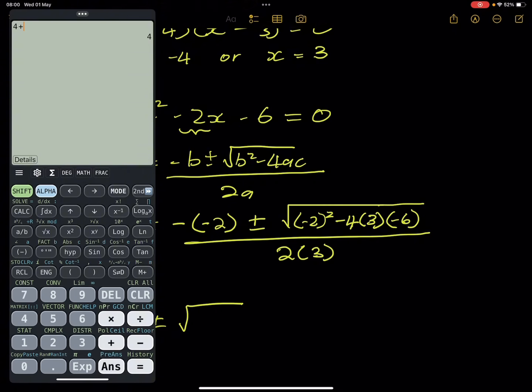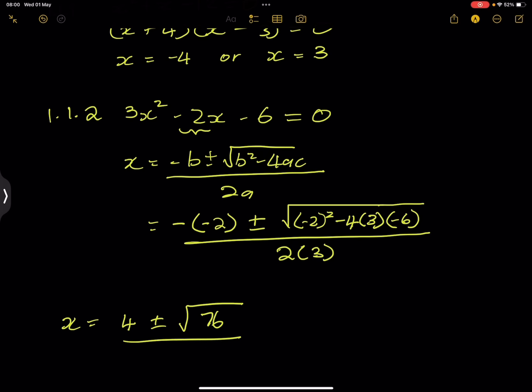So you've got 4 times 3 times 6 there. So I get 76. So that's inside the bracket divided by 2.